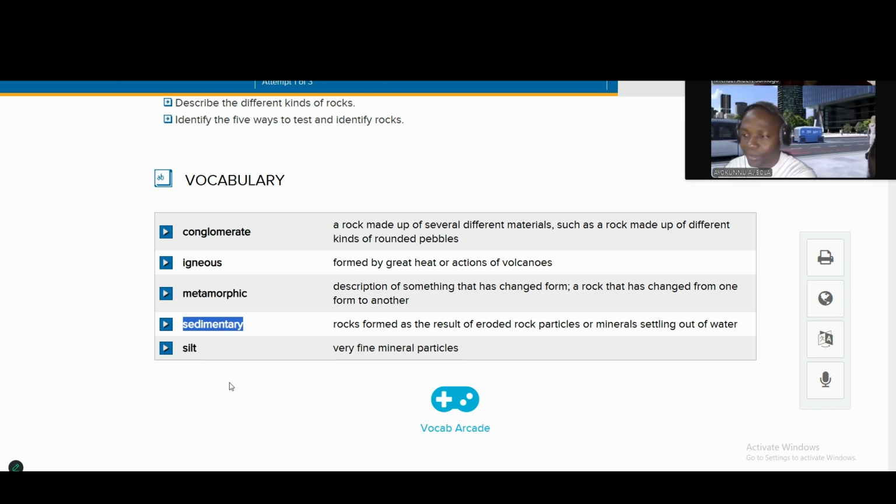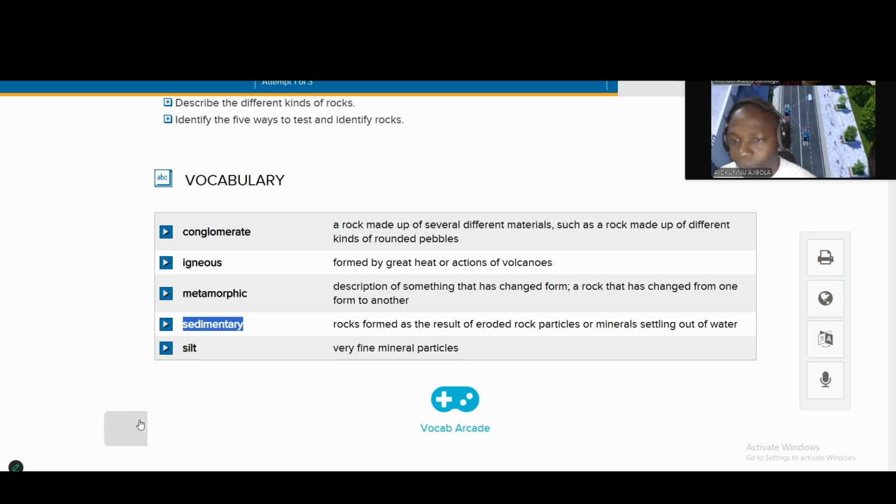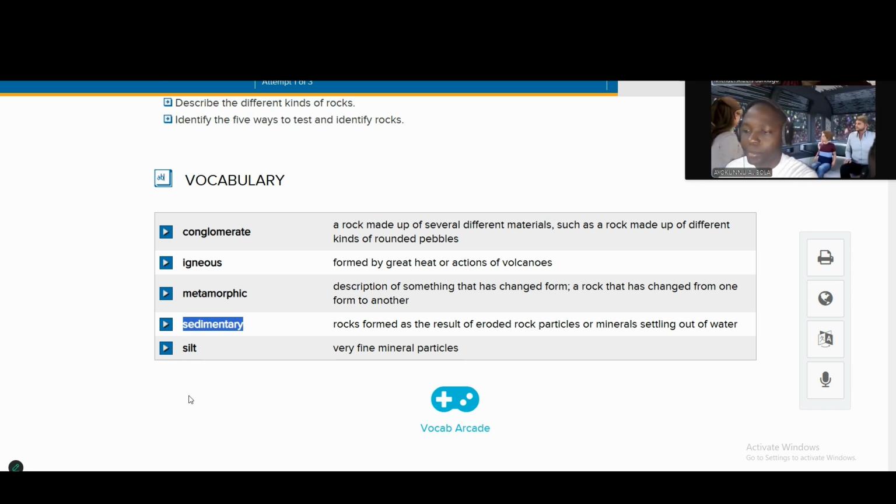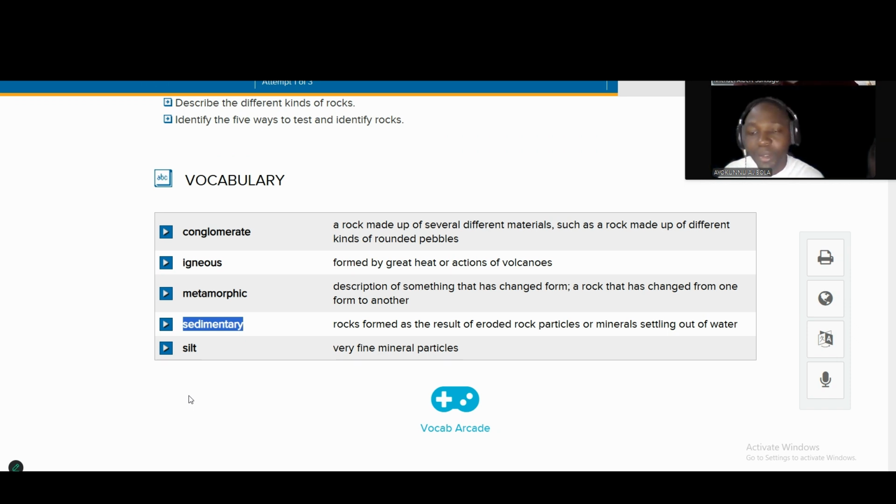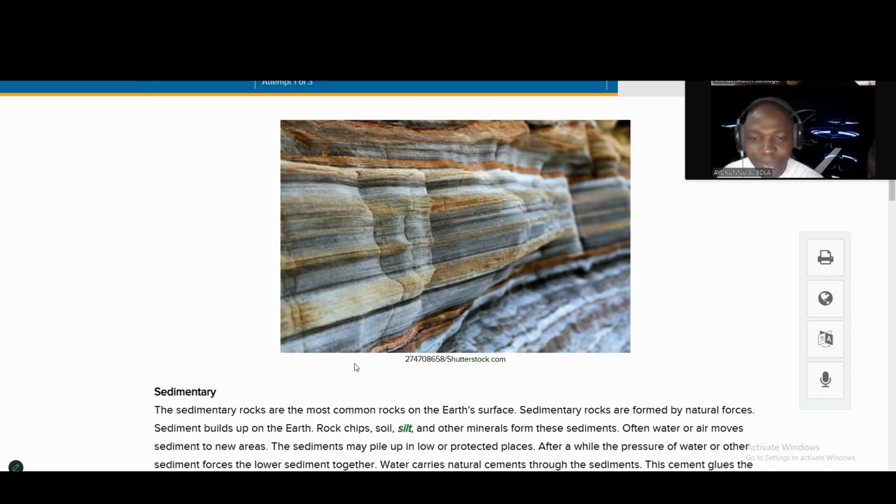Silt. Miggy, you're wasting time. Silt is very fine mineral particles. You are reading the meaning of sedimentary, not silt, because you're not concentrating.